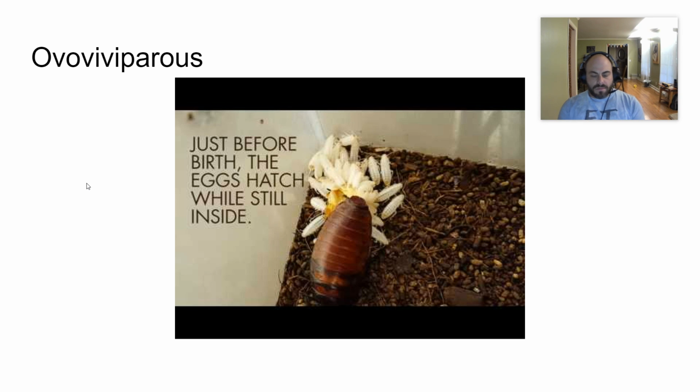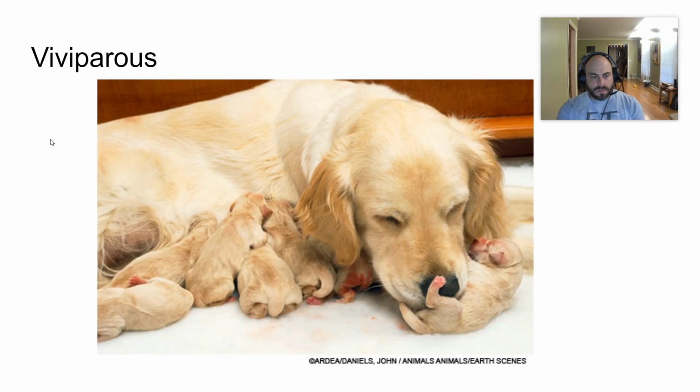Some sharks lay eggs. Some sharks are viviparous, which is the next one. Viviparous is like mammals. It's a live birth, so the animal gives birth to a live animal. And some animals are called multiparous, where they have more than one offspring, like this dog, and others are called uniparous, where they only give birth to one offspring at most, and two on some occasions. This would be like elephants or like us.